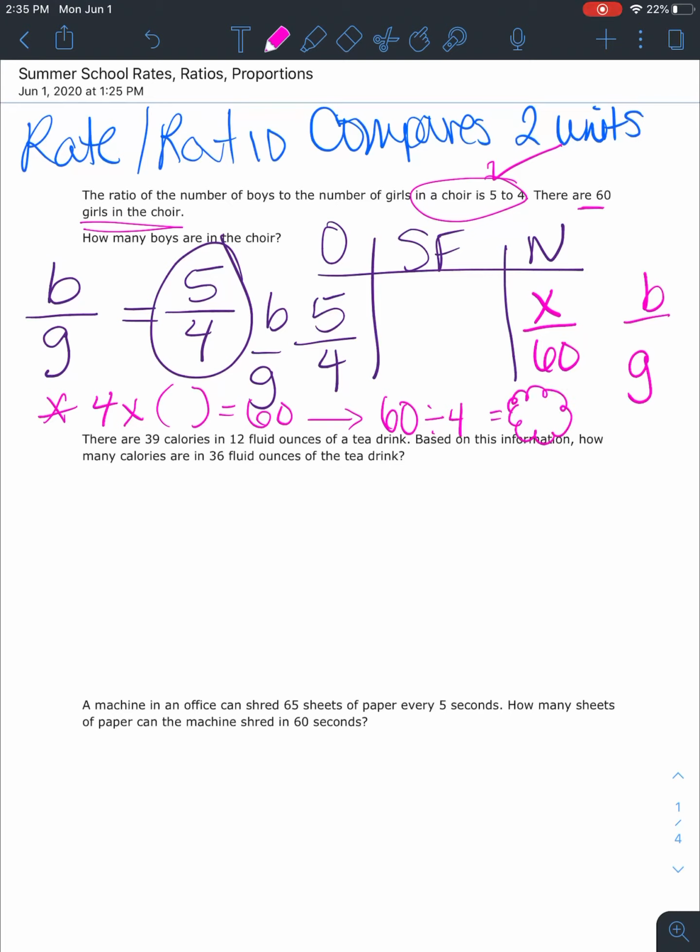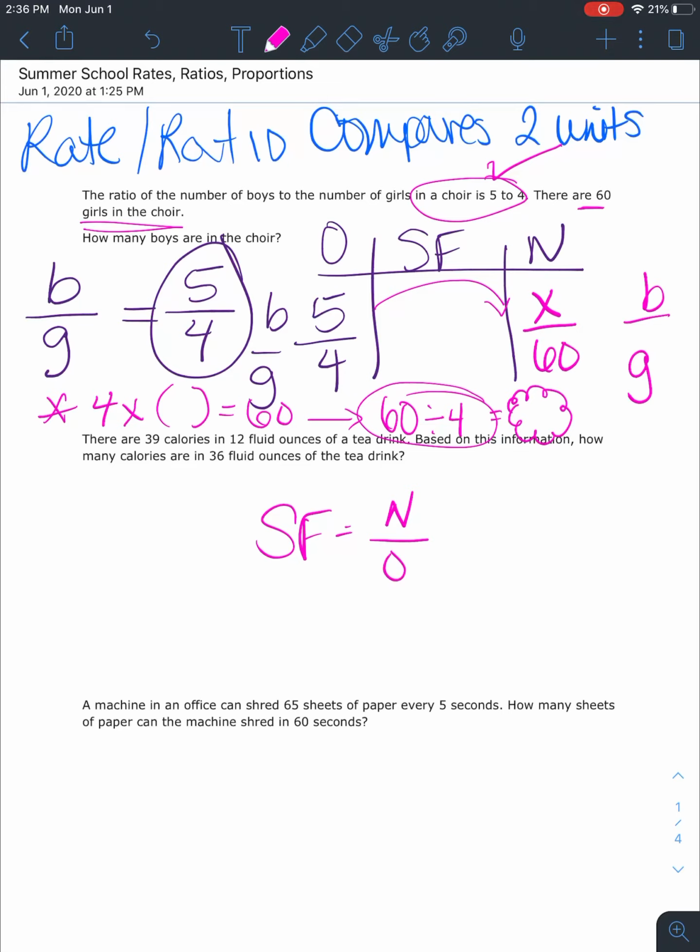That special number is going to tell me how I jump from here to here. Now, this process that I just did, if we remember, is our scale factor.